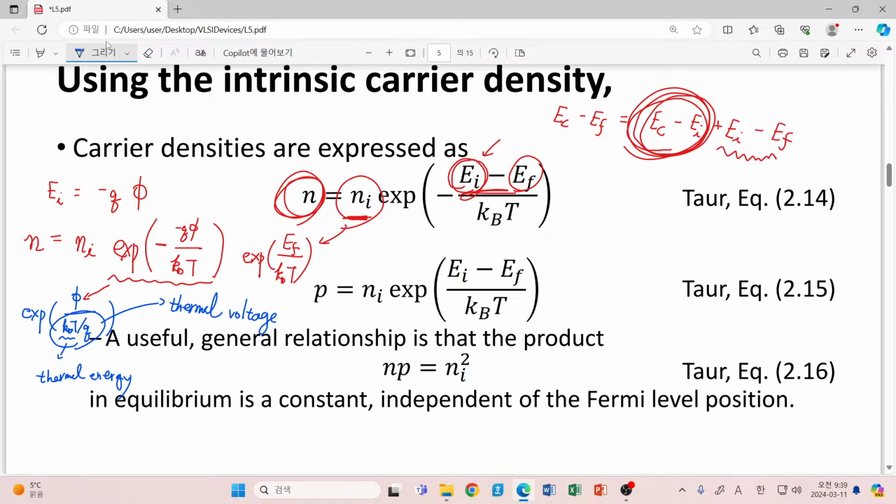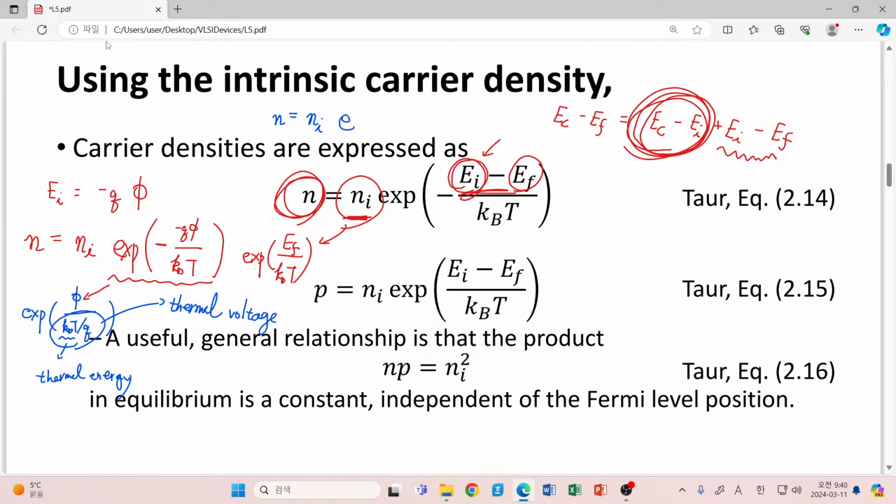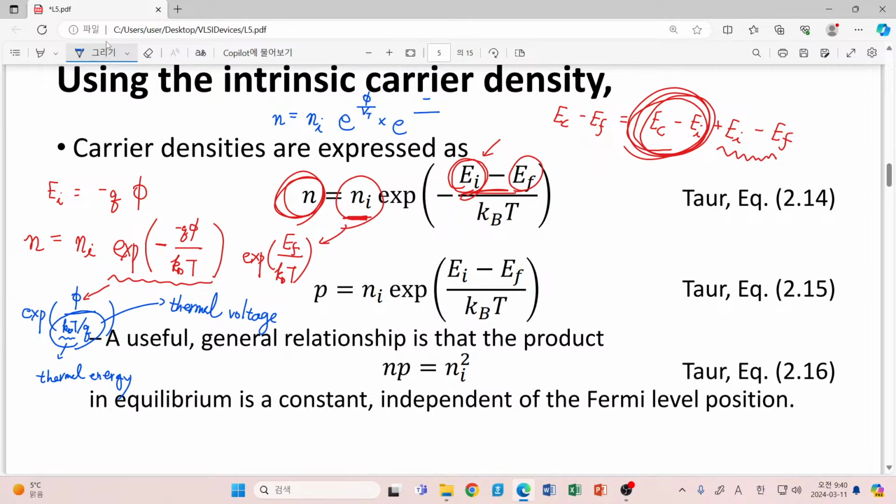So simply speaking, when we adopt this kind of convention for our electrostatic potential, then electron density can be well written like this. Electron density is given by n sub i times exponential phi over thermal voltage, and of course here we have some terms related with EF over kBT, but for a while just forget about it.